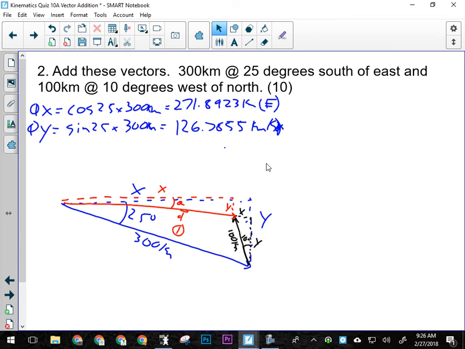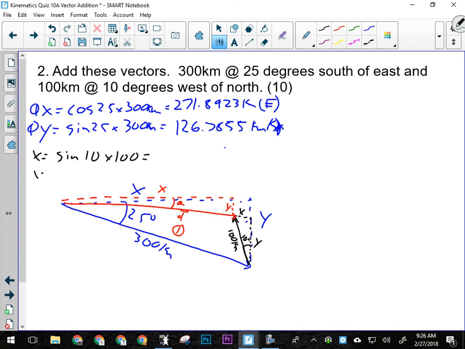Then we've got to find the x and y of the black triangle. All right, black x is the opposite side, so that'll be the sine of 10 degrees times 100. Y is the adjacent side, so that'll be, can't be sine as well, cos of 10 degrees times 100.